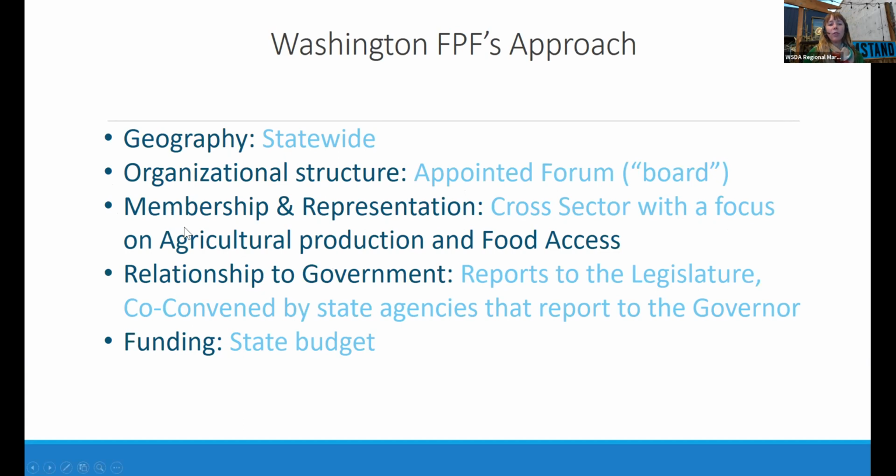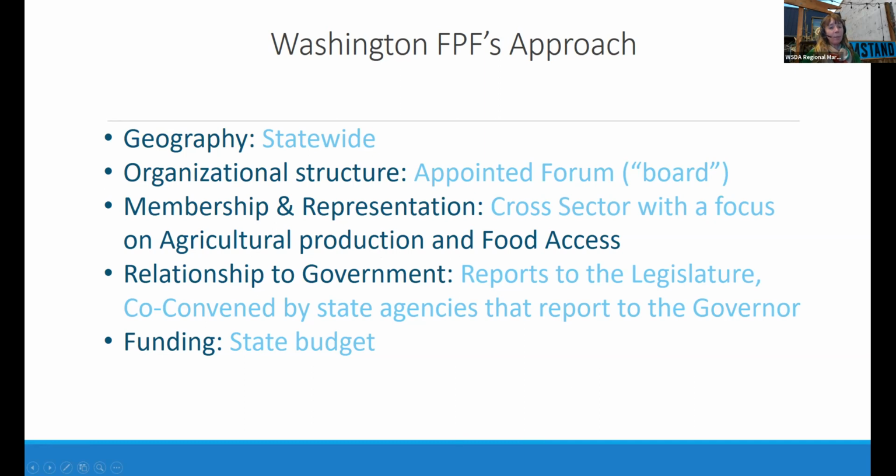So the membership and representation is a cross-sector of the food system, but it definitely reflects the focus of the legislature in emphasizing issues of food access, healthy food access, and agricultural production. And so the membership, I think, is weighted a little bit heavily to entities and organizations that work in those two areas.